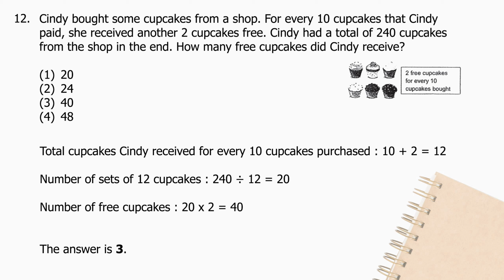Question 12. Cindy bought some cupcakes from a shop. For every 10 cupcakes that Cindy paid, she received another 2 cupcakes free. Cindy had a total of 240 cupcakes from the shop in the end. How many free cupcakes did Cindy receive?